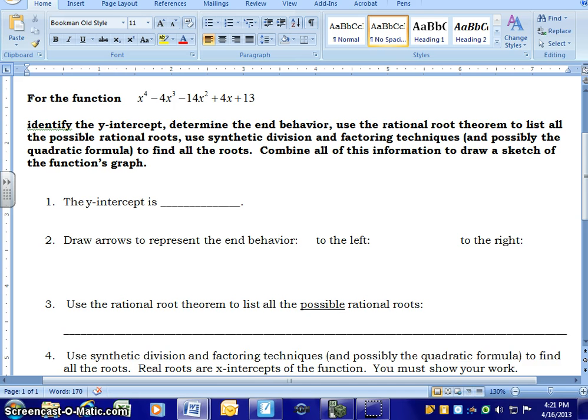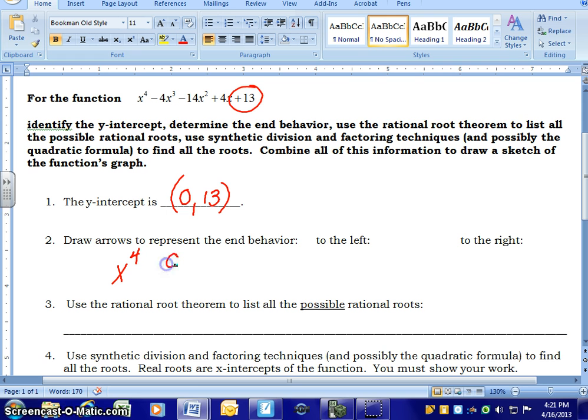The y-intercept is always going to be located at the back of a polynomial, very similar to what we did with the quadratics. So as an ordered pair, it'd be (0, 13), always taking the sign to the left. Then we're going to draw arrows to represent the end behavior. The only part you have to look at in the polynomial is the leading coefficient, or leading term.